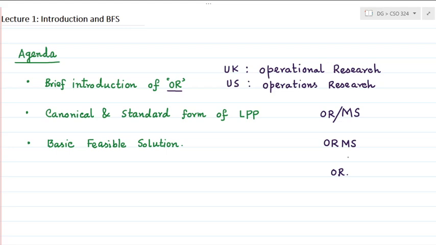In our daily life, we know that simply by common sense, we take decisions, we take judgments, just by applying our simple common sense without using any mathematical or any other model in simple situations.